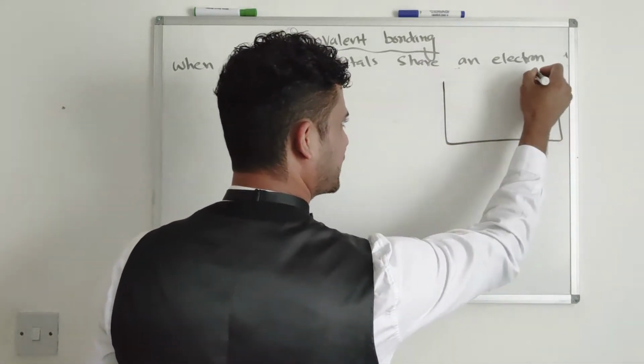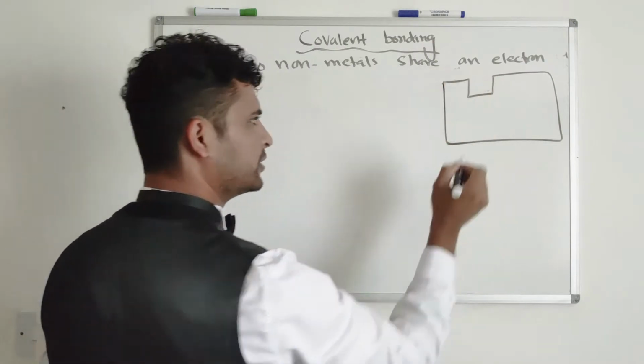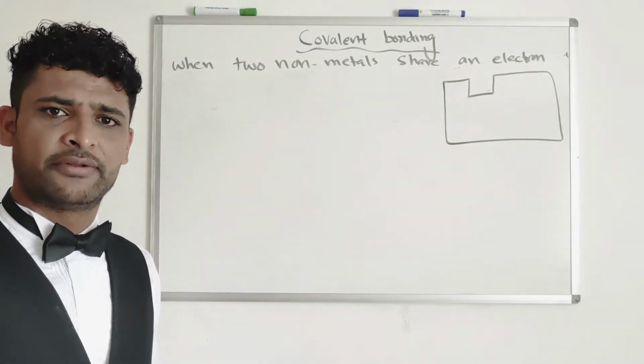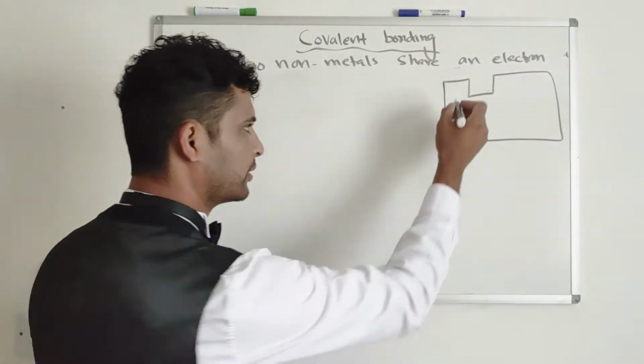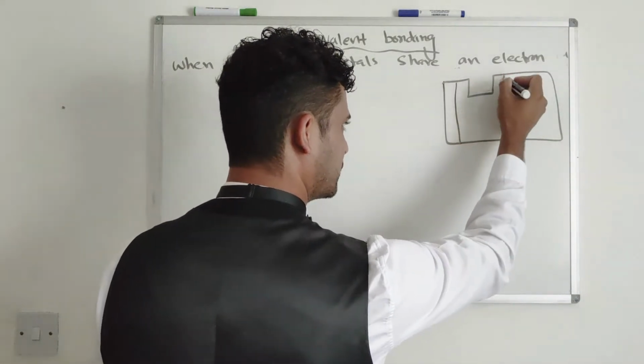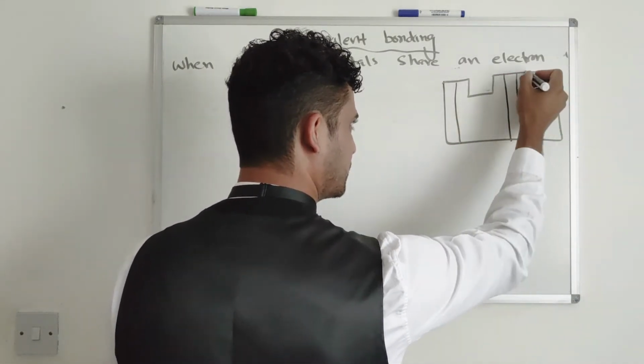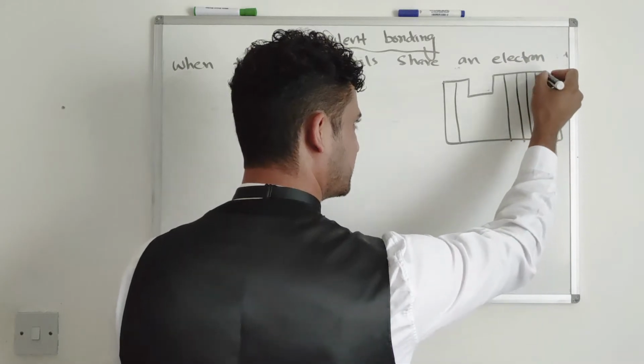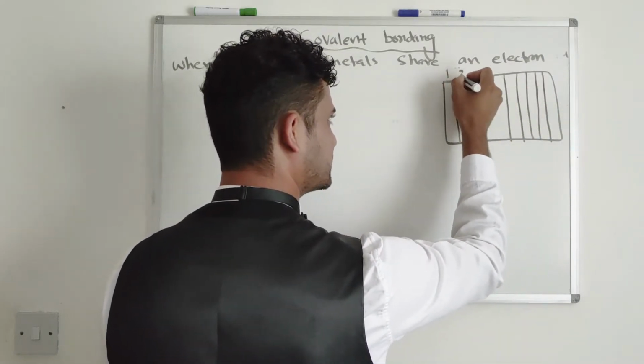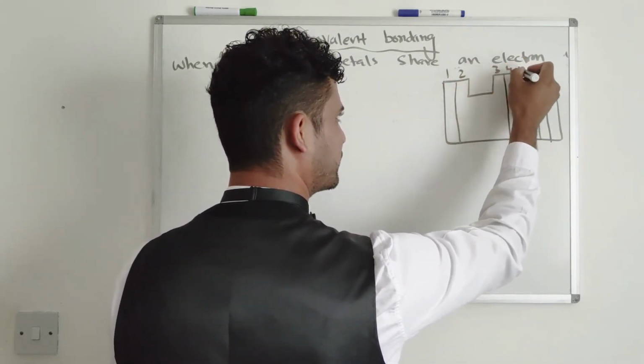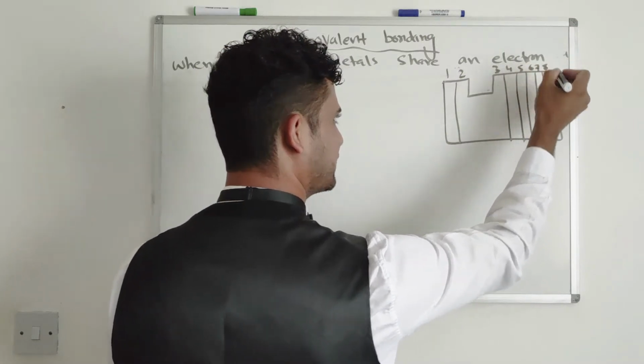When you look at the periodic table, this is how it looks, and there are columns in the periodic table. You can see first, second, third, fourth, fifth, 6, 7, 8.